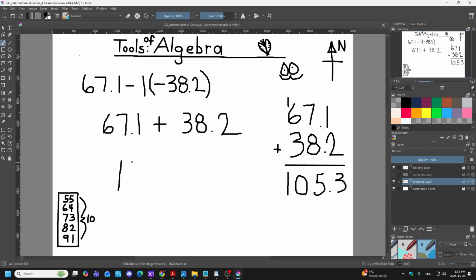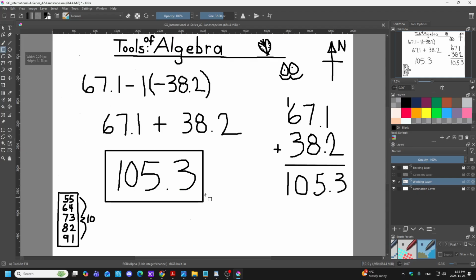Final answer, 105.3. Again, guys and gals, always pay attention to what your sign is for your final answer. If you need to double check, there's no harm in doing that.